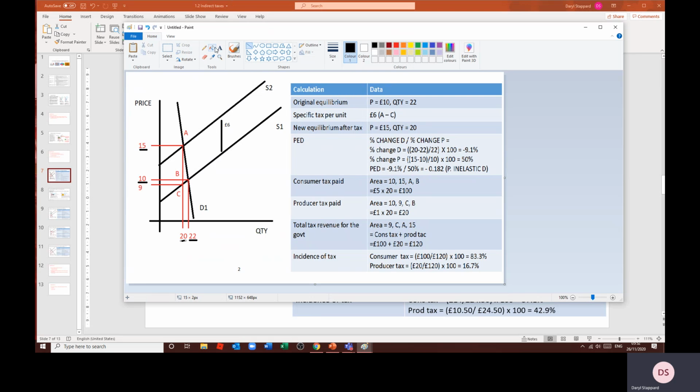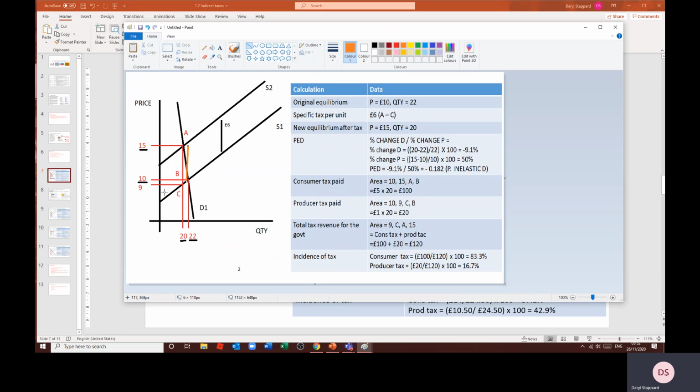Okay, now what I can then do is to show you the tax that is paid in this marketplace. So what we would know is that the tax per unit, let me just show you this in a different colour, is the vertical distance between the supply curves, and we know that is £6.